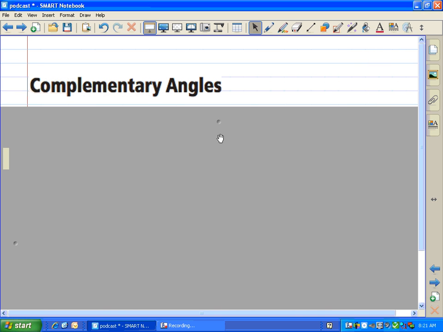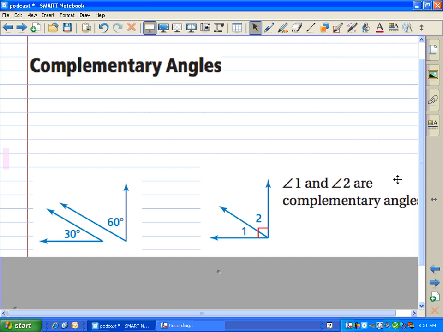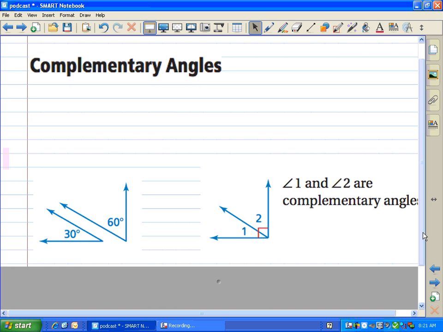All right, complementary angles. By definition, complementary angles are two angles that add up to 90 degrees. So if you take a look at the example here, this is 30 degrees, this is 60 degrees.